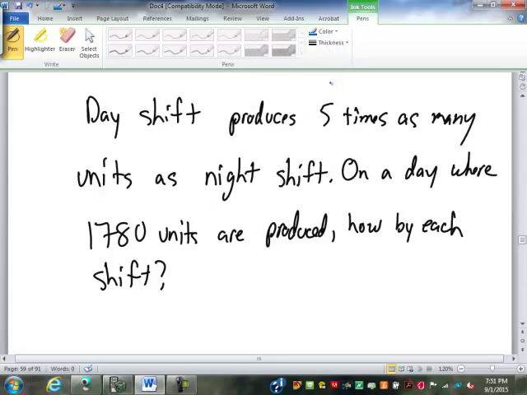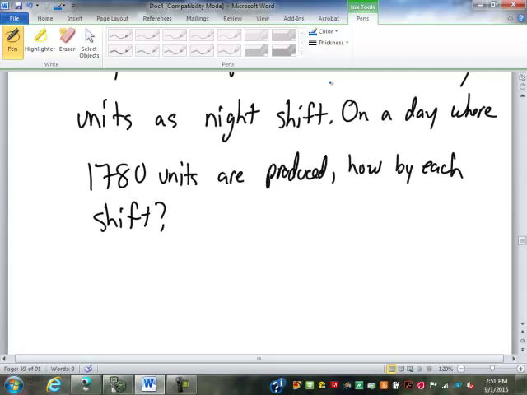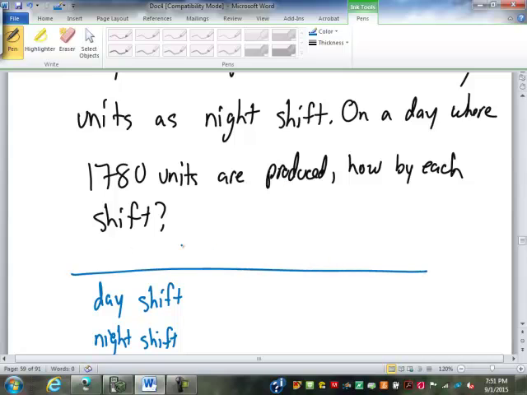So last week we talked about this when we were doing the algebra and solving equations. The tough part is setting up the equation. So we have day shift and night shift. And we're looking at the number of units produced.